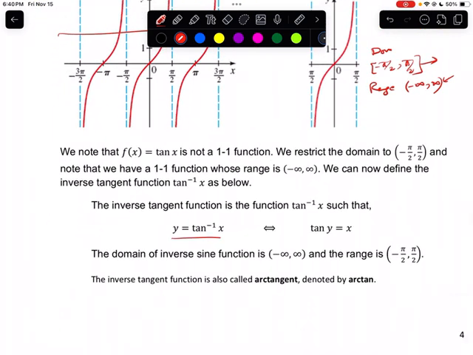So this is how we define it. Y is equal to tangent inverse x if and only if tangent of y is equal to x. As I just mentioned, the domain of the inverse tangent function is negative pi over 2 to pi over 2, and this is an open interval, not closed. Why? Because we don't have a value at negative pi over 2 and pi over 2.